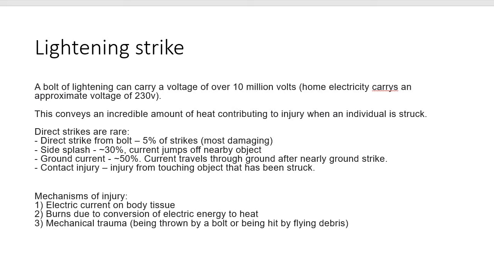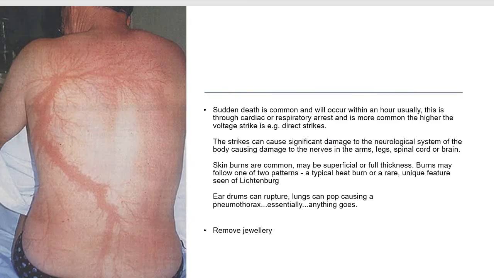And then finally, indirectly, mechanical trauma. So actually being thrown physically by the action of a bolt onto rough terrain and injuring yourself traumatically, or being hit by debris as a result of a strike elsewhere. So these are the main ways in which it causes injury.